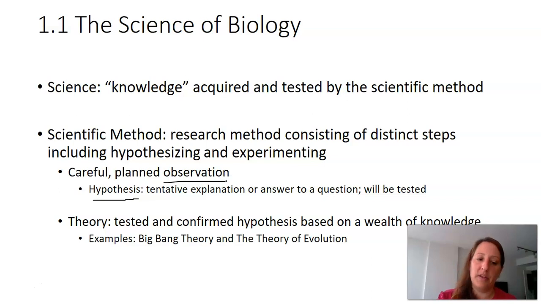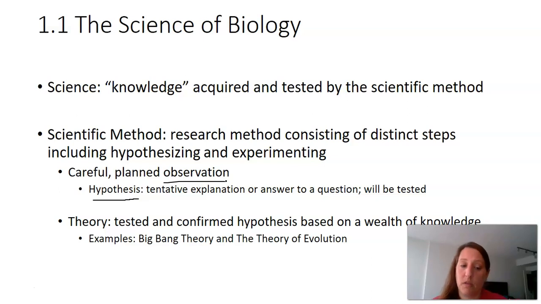Okay, so we start with observation, and from that observation, we draw a hypothesis. The hypothesis is going to be a tentative explanation or a potential answer to a specific question that we're asking, and that is what's going to be tested.